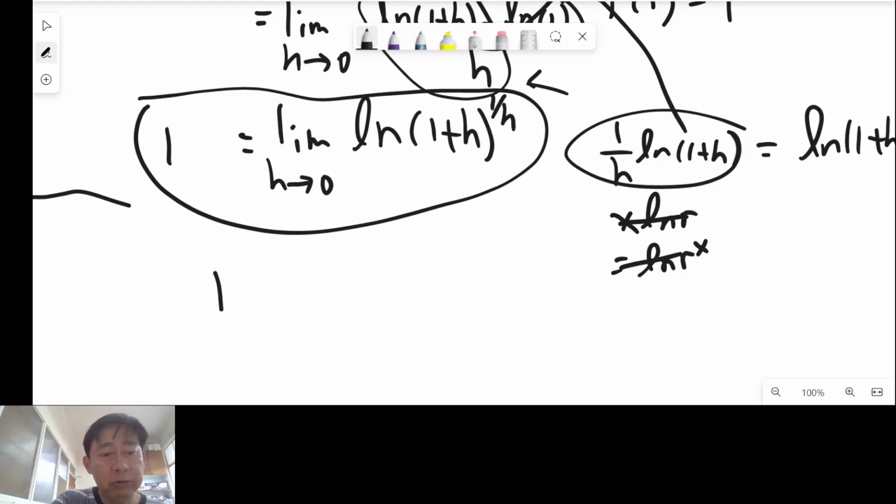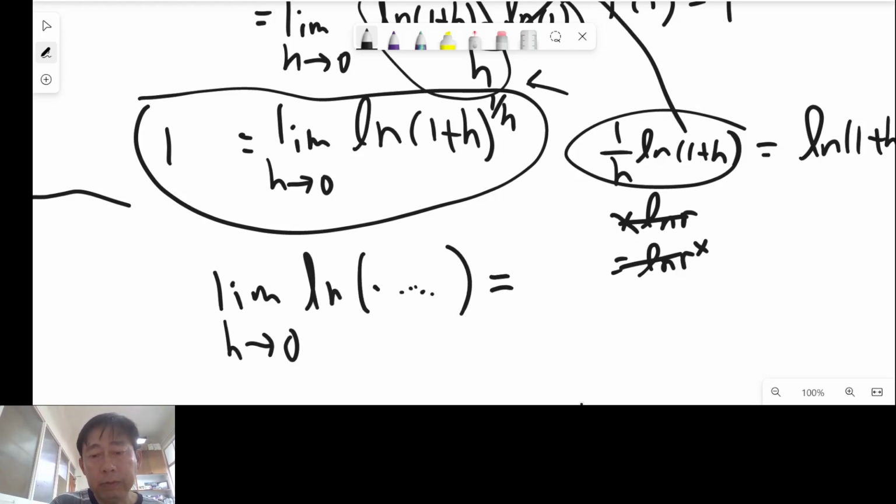So we have a situation like this. You have a limit as h goes to 0 of the log of something, and it becomes 1. So what can you conclude about this something here? It must be equal to e, right? Because if you have the log of something equal to 1, then inside here it must be equal to e.